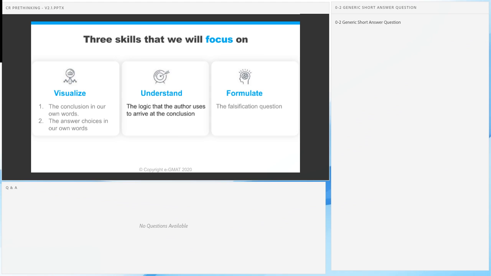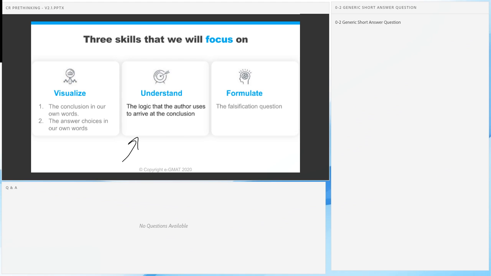So essentially, this was just a fundamental understanding of what an assumption is and what the must be true aspect of an assumption is. If a statement is must be true, then your conclusion will break down in the presence of its negated instance. That's all that must be true actually means. Okay. Now, throughout this session, we're going to focus on these skills. We're going to visualize everything that we read.